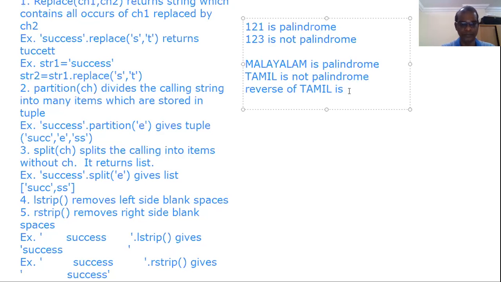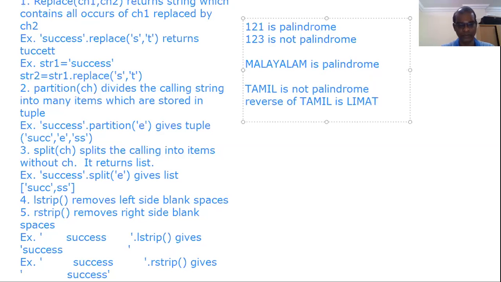Tamil reversed is L-I-M-A-T. Whereas here the reverse is M-A-L-A-Y-A-L-A-M. Okay, here both the original string as well as the reverse string are the same. Here the original string and reverse string are different. So Malayalam is a palindrome, Tamil is not a palindrome.